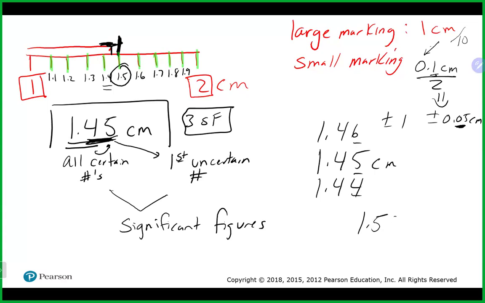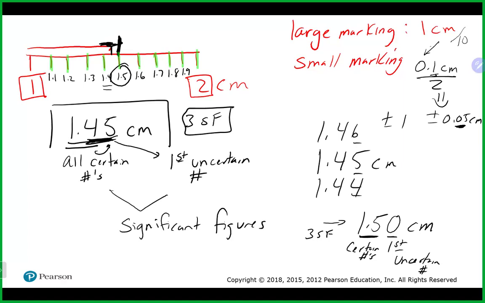In this case, because of the scaling, we would have to include the 0 to give a proper measurement. 1.5 would be our certain numbers, and this would be our first uncertain number. By the way, 1.50 would have 3 significant figures in this case.